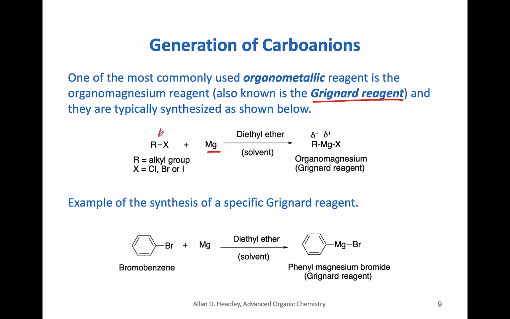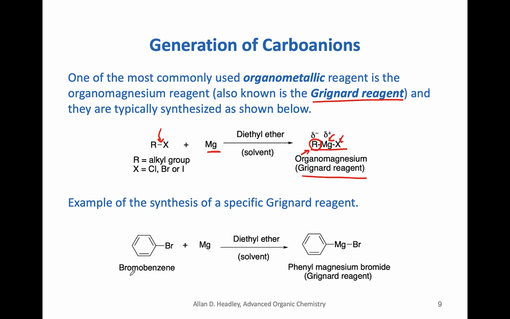Magnesium can insert right in here to get your organomagnesium, which is known as the Grignard reagent, where this is partially negative or considered at times to be ionic because of the difference in electronegativity between the carbon and the magnesium. Since magnesium is divalent, it has the other halogen bonded to it.